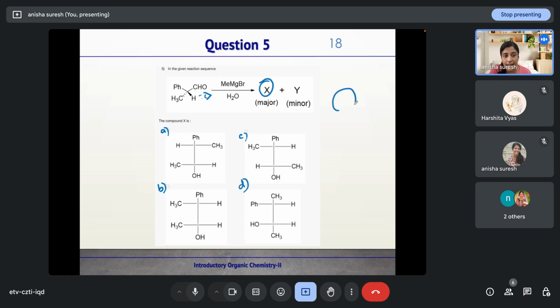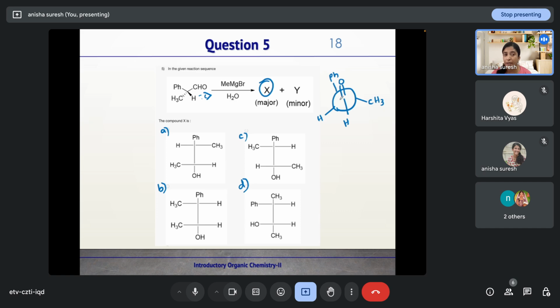So we can draw it like this: pH, H will be coming on our left hand side and CH3 is coming on our right hand side. So this will be the starting.